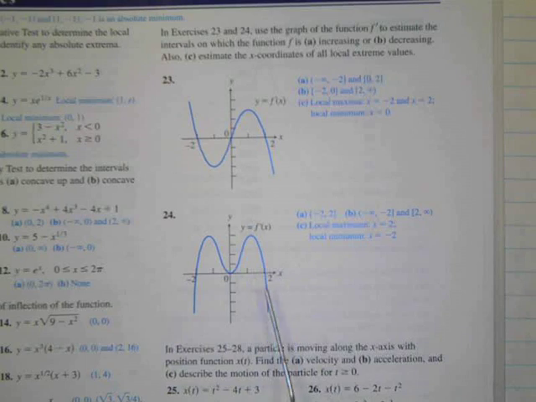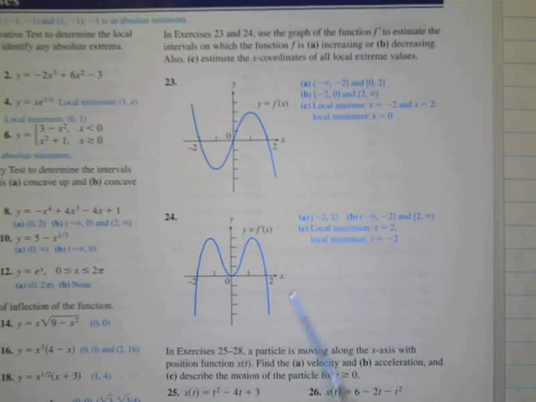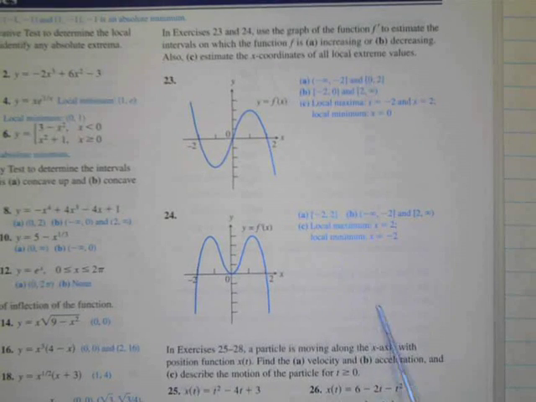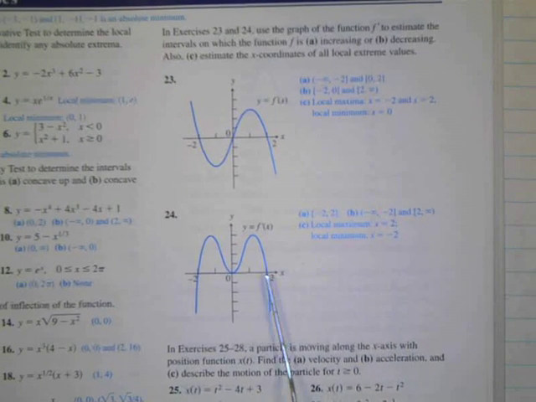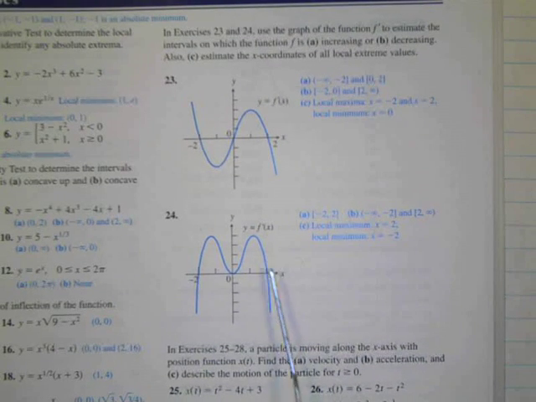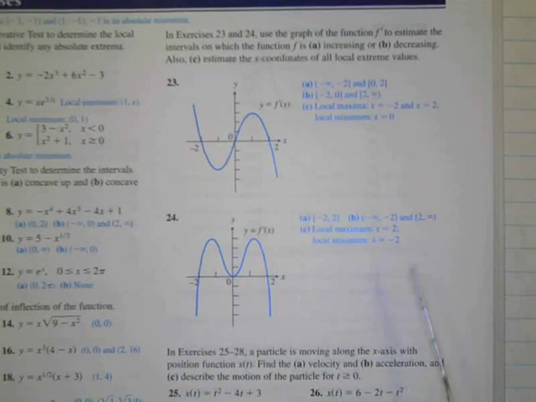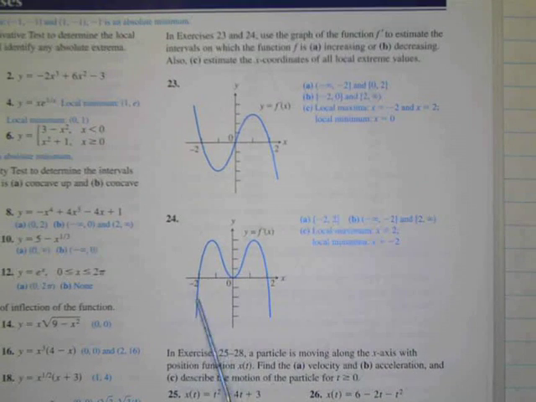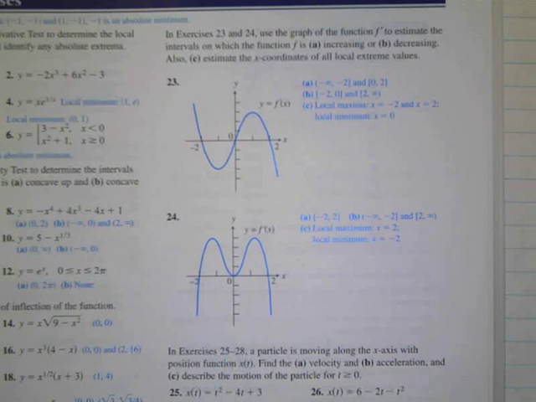And at 2 it's going from positive to negative, like an A, so I have a maximum. So it's a relative maximum at x equals 2, because my derivative is going from positive to negative. And a local minimum at x equals -2, because my derivative is going from negative to positive. Okay?